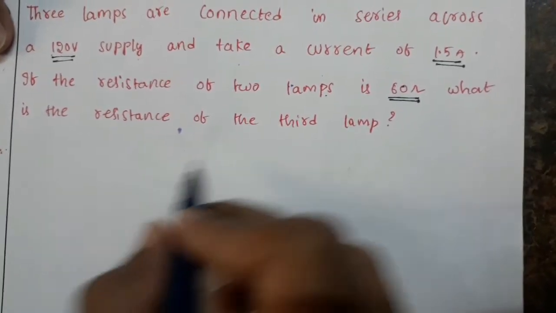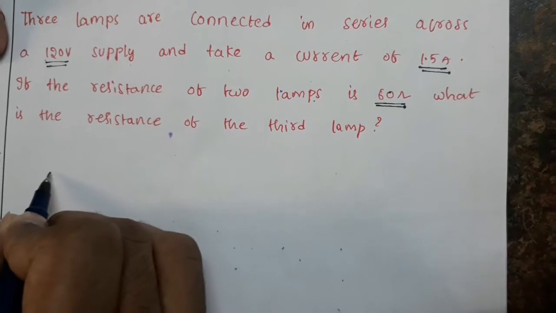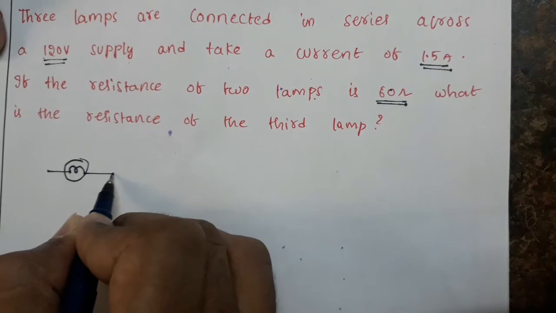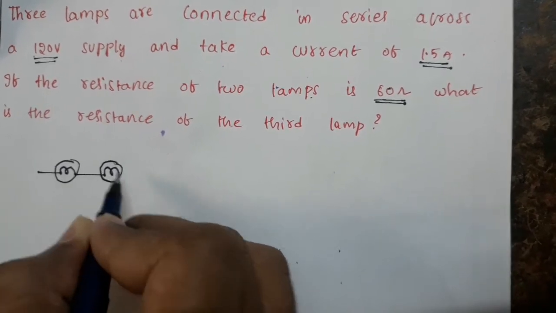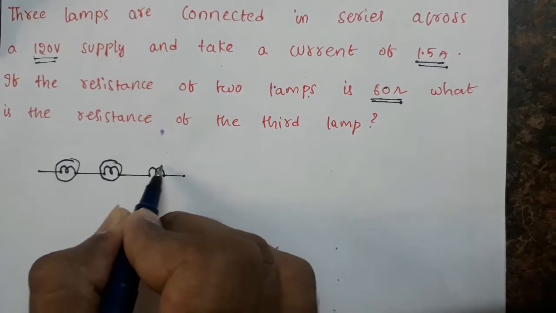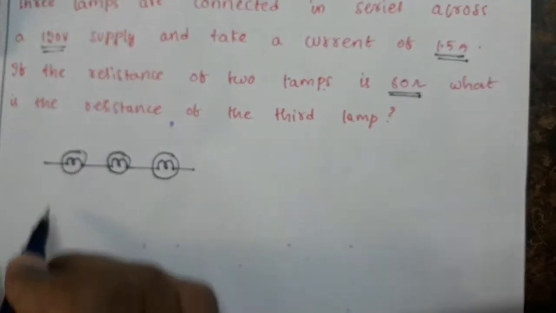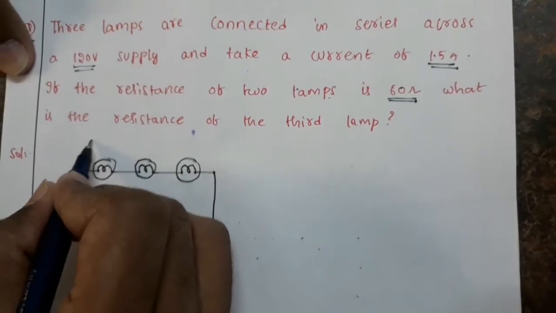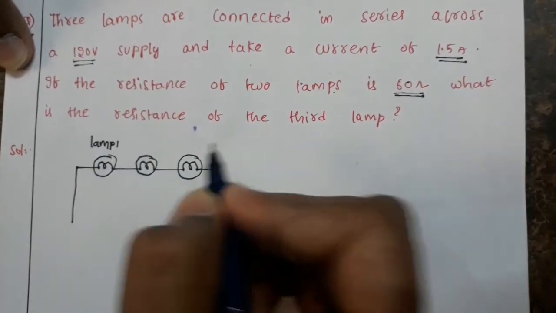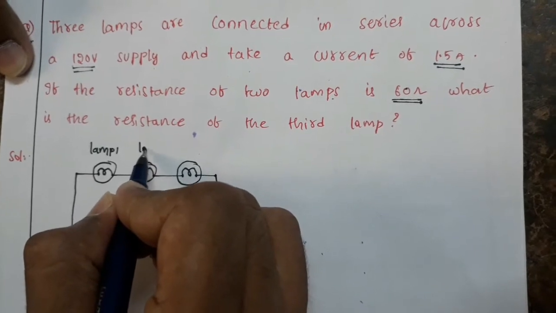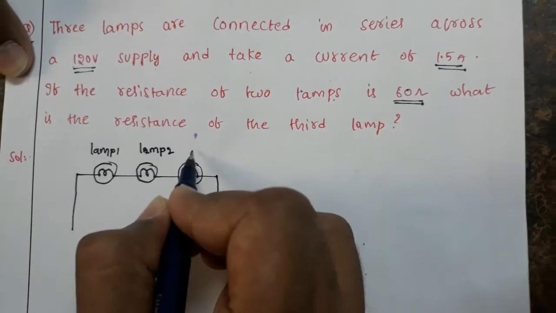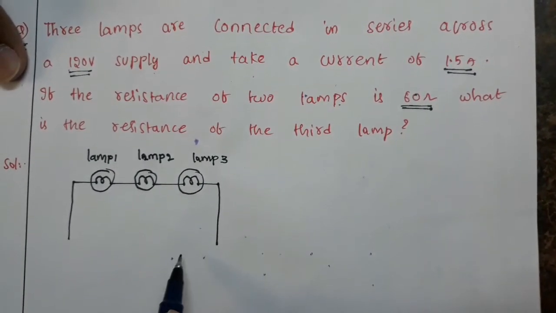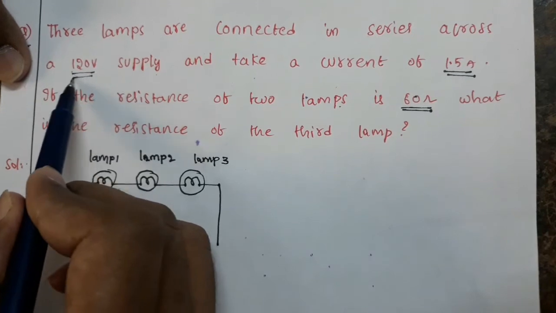I am taking the circuit diagram over here. This is lamp 1, this is lamp 2 and this is lamp 3. These three are connected in series across a supply of 120 volts.